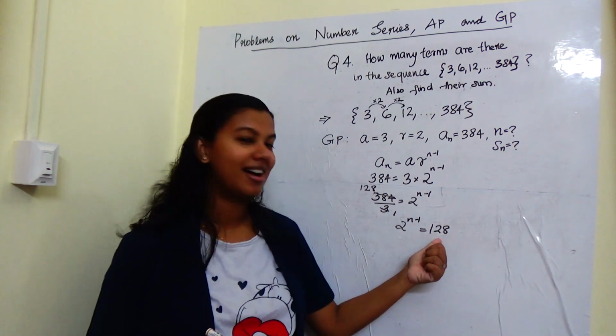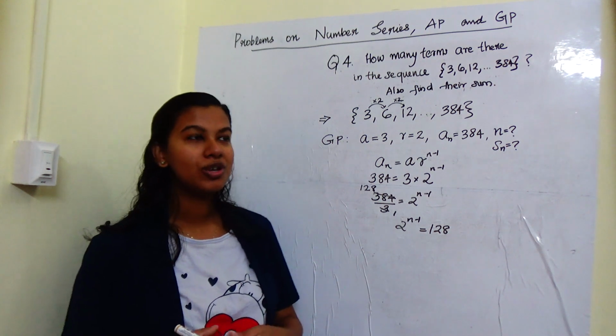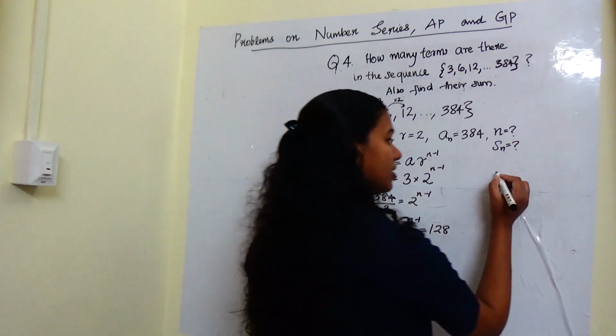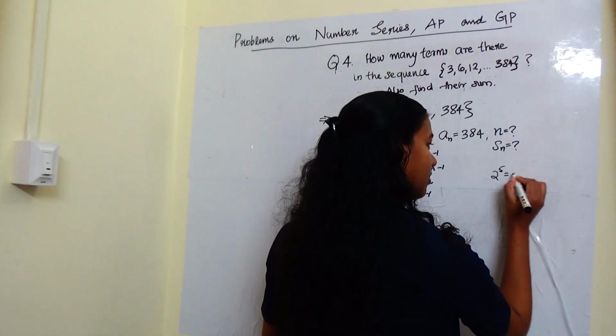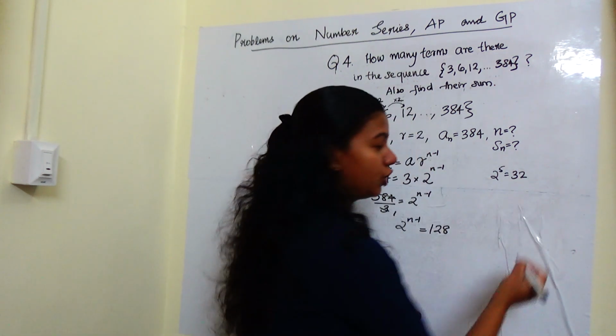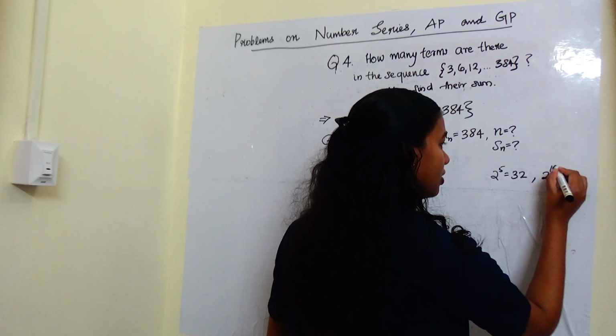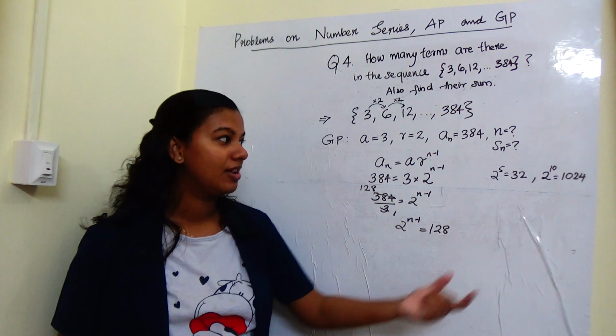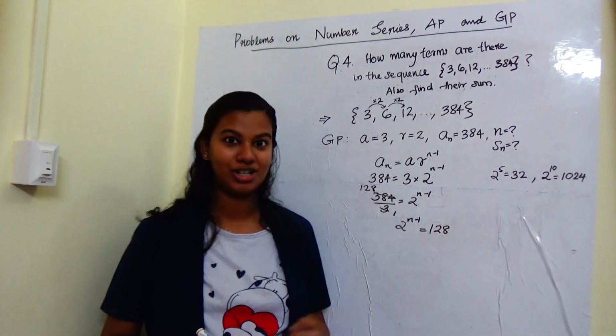So to get 128, we need to learn certain values. For example, 2 raised to 5 equals 32. Then 2 raised to 10 equals 1024, etc. If we learn these values, it will be easier to calculate.